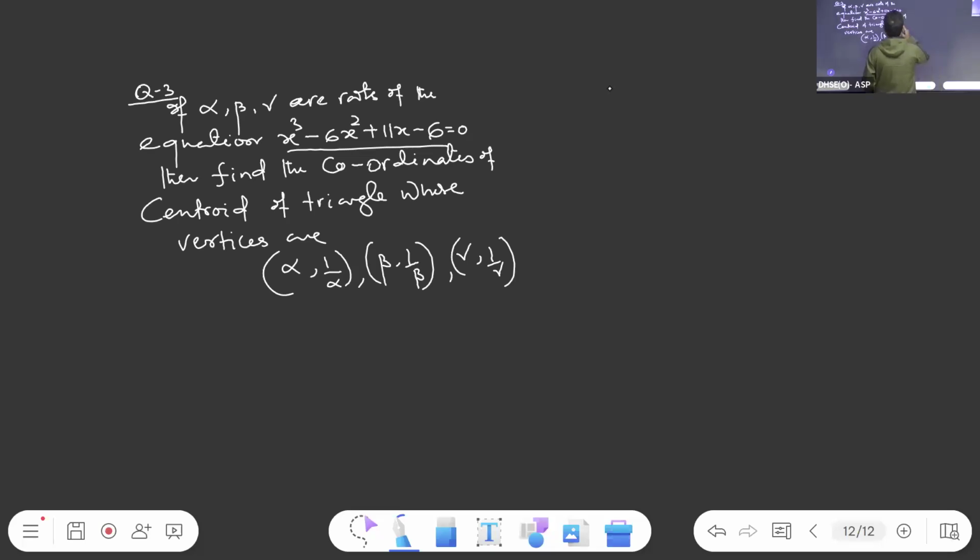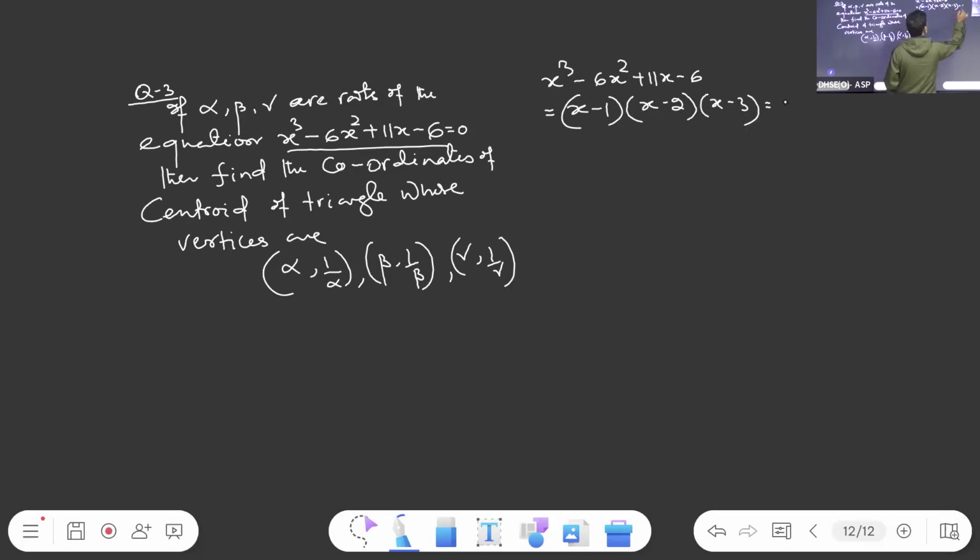The expression x cube minus 6x square plus 11x minus 6 is equal to x minus 1 into x minus 2 into x minus 3. If you equate it to 0, then either x will be 1, or x is equal to 2, or x is equal to 3.